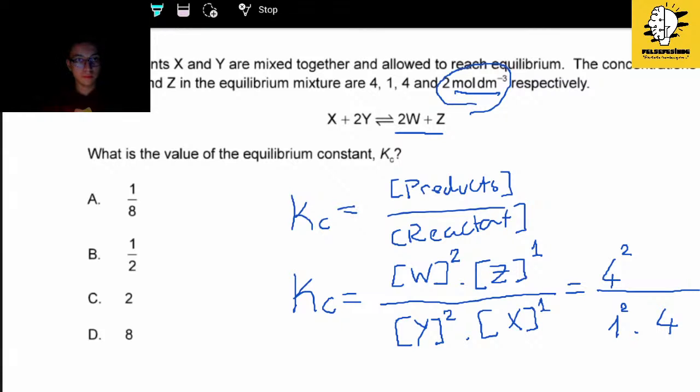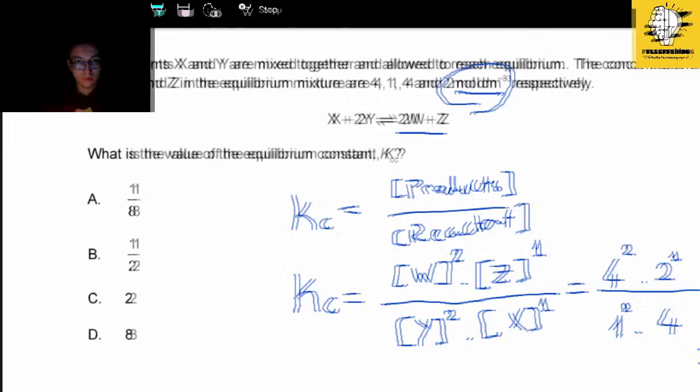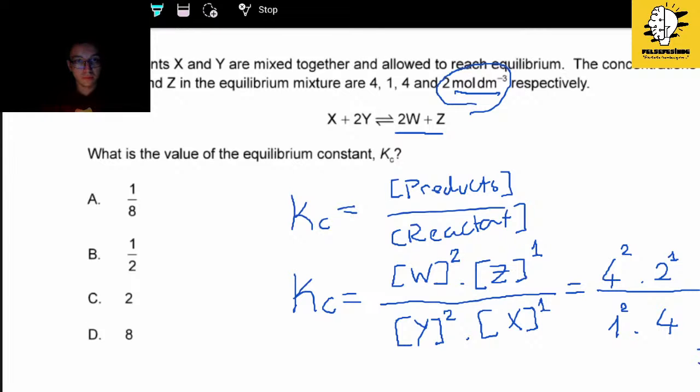And for Z, it is 2, but for Z, it is to the power of 1. So let's write it: 16 times 2 over 4. And we are finding 8 here. So the answer is D.